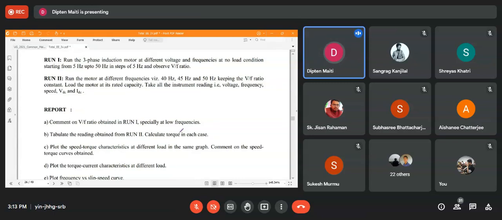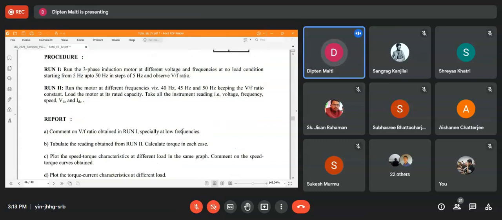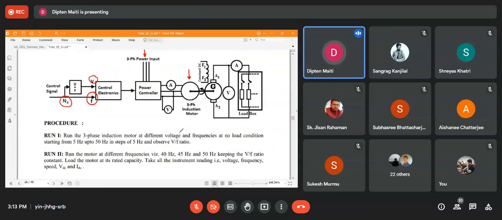Of course, you have to calculate the load connected across the DC generator. So you multiply the voltage into current; the electrical power would be voltage into current, which is the output of the generator.